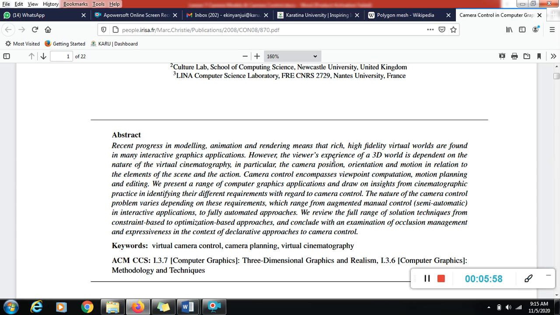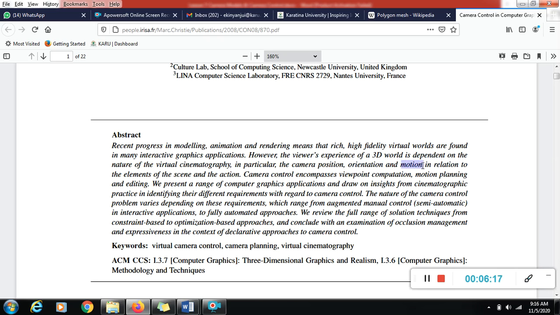However, the viewer's experience of a 3D world is dependent on the nature of virtual cinematography, and this is where our cameras are coming in. Virtual cinematography, in particular the camera position, orientation, and motion, these ones have to be mimicked.